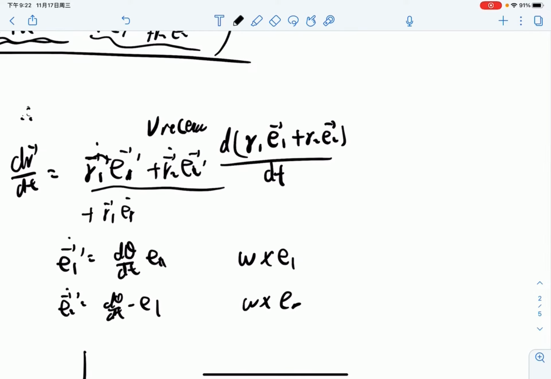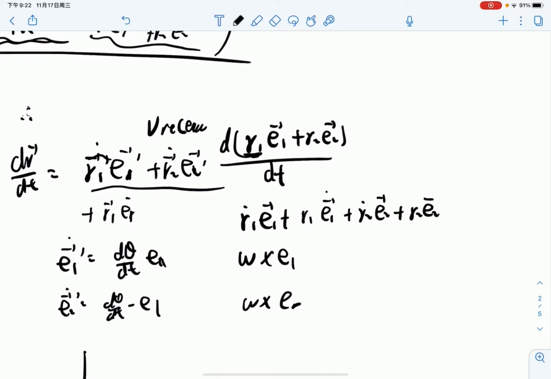Using the chain rule, this is R1 dot E1 plus R1 E1 dot plus R2 dot E2 plus R2 E2 dot.